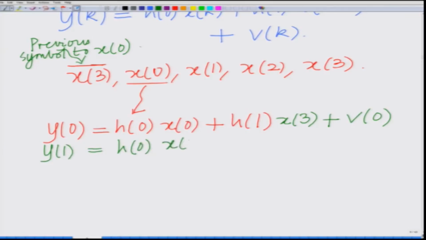Y1 equals H0 times X1 plus H1 times the previous sample, that is X0, plus V of 1.